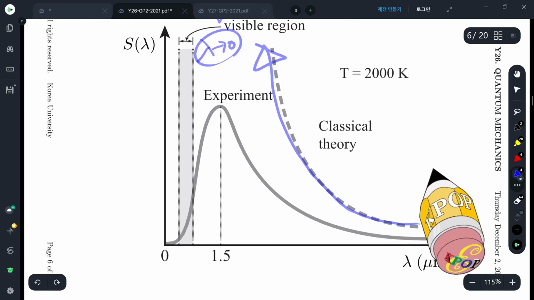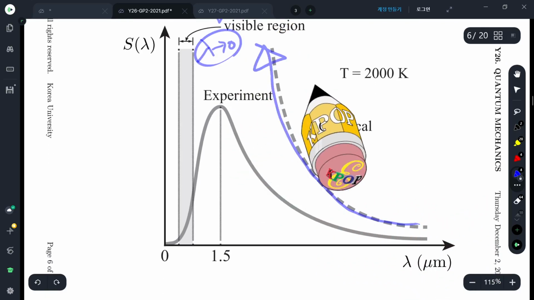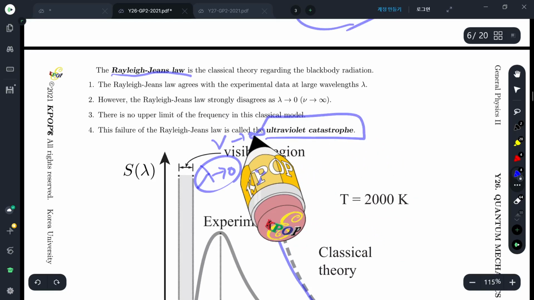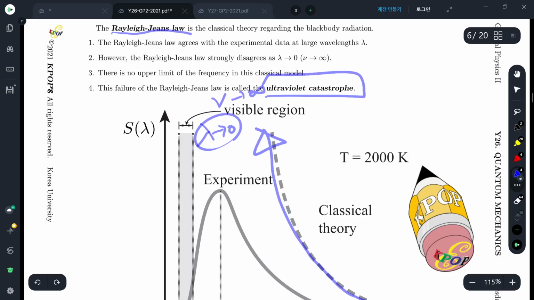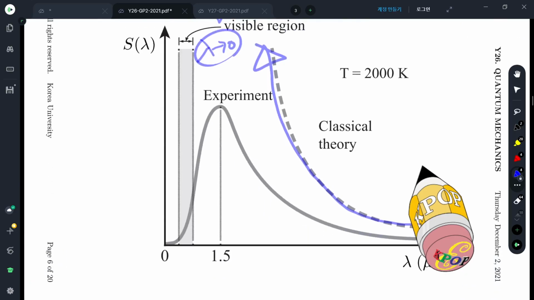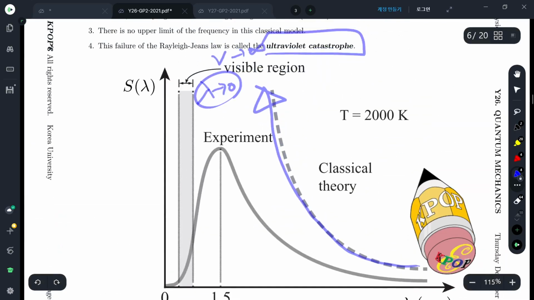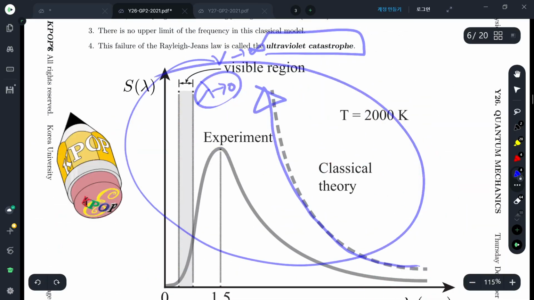This is quite important. This is called the ultraviolet catastrophe. So the classical application of Maxwell theory completely breaks down, and we need to find the correct theory. That is one of the most important necessities of quantum mechanics.